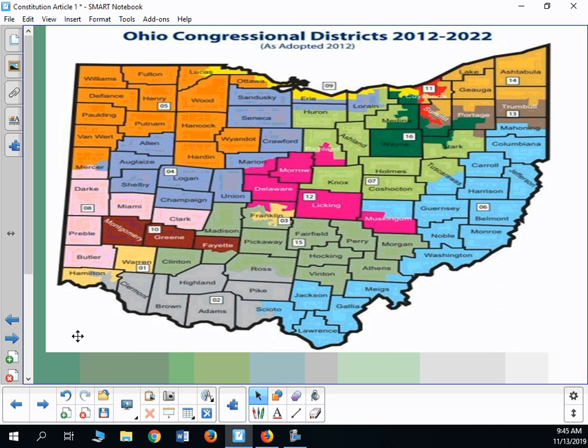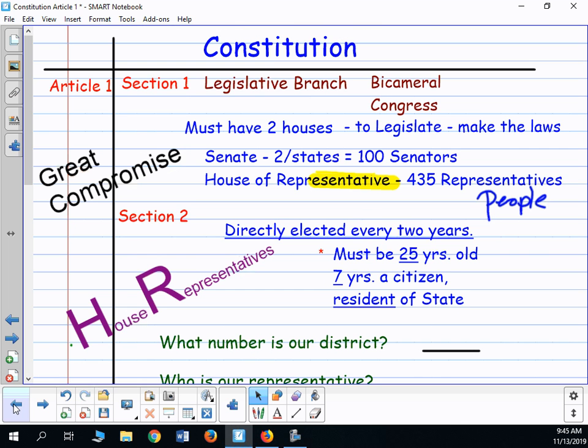So we are represented by a person from this particular district, and you can see all of Ohio is broken up into districts. Very strangely, this is called apportionment. We'll talk about that a little bit more. And then let me go back to where we were.